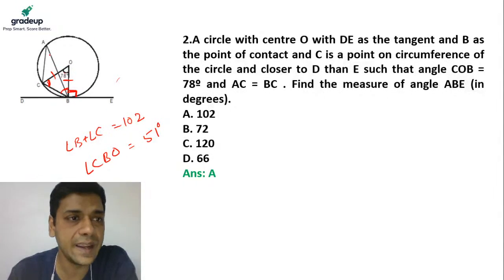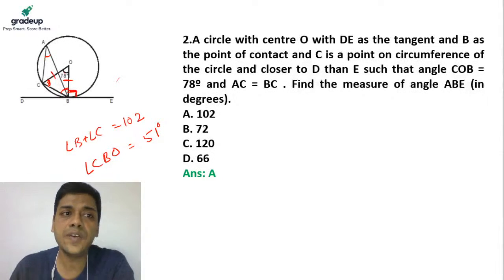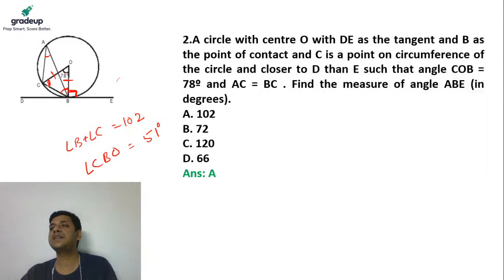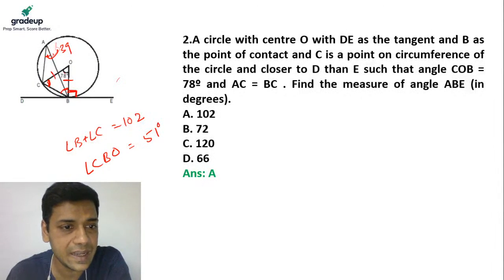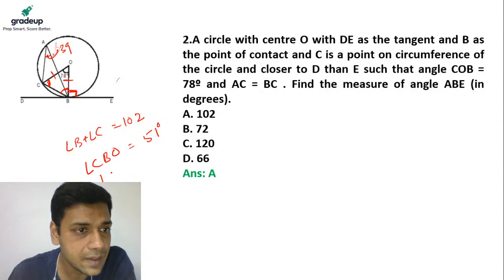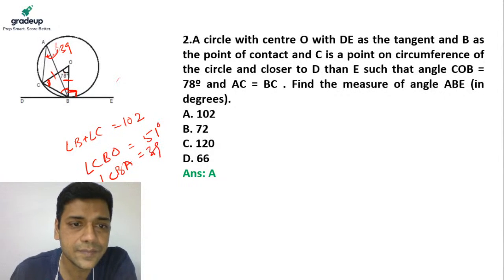Now secondly, the angle subtended at the circumference is always half of the angle subtended at the center. So if this is 78, this angle is 39, and if this angle is 39, can I say angle CBA is also 39?